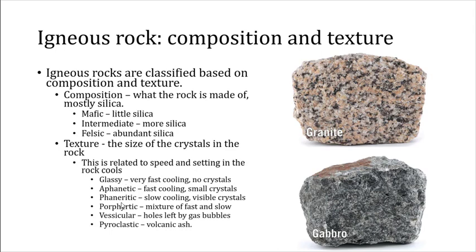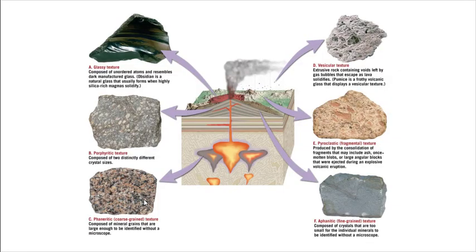So we can relate these textures to the cooling speed of the rock. These are not in the best order in the world, so just bear with me. If a rock cools slowly, where does this slow cooling happen? Well, it happens underground.